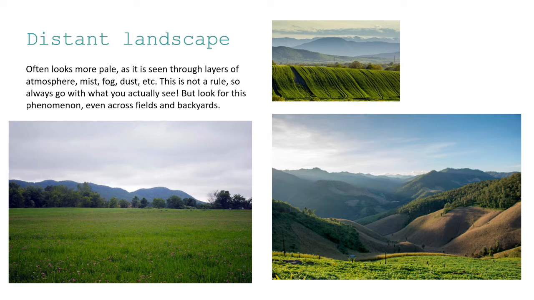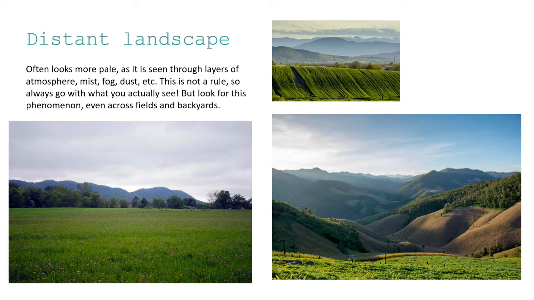So that lends that kind of bluish look to mountains and hills, and even the end of your yard looks a little bit bluer than the backyard that's up close to you, which will have more of a brighter green look to it. So you can see these examples right here show you exactly that kind of effect.